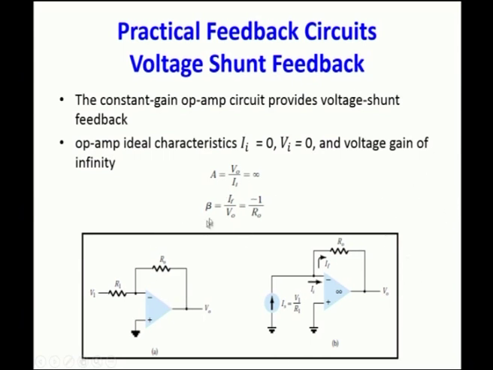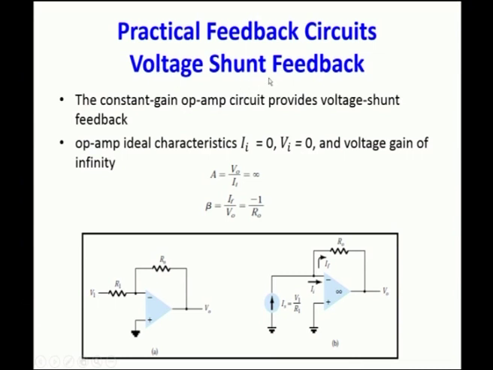And when you calculate beta, beta in this circuit is IF by V naught, because IF is the current flowing through the resistance and V naught is the output voltage, part of the output voltage given as the input. So, beta can be written as IF by V naught, and IF by V naught is minus 1 by R naught.